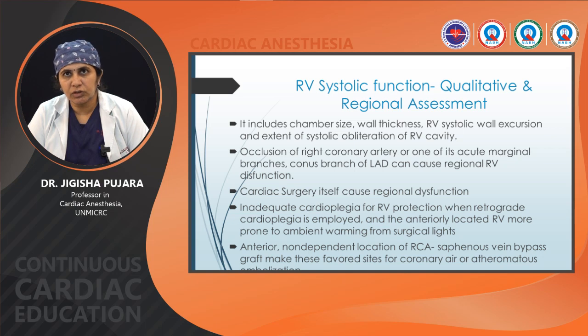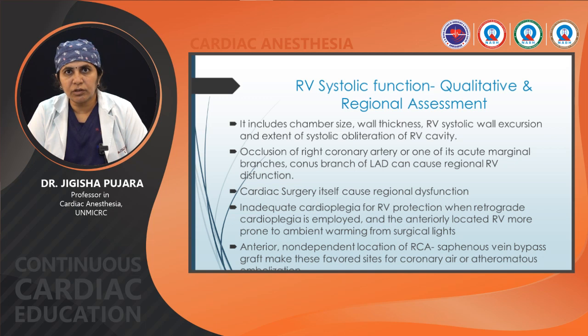RV systolic function, quantitative and regional assessment. It includes chamber size, wall thickness, RV systolic wall excursion and the extent of systolic obliteration of the RV cavity. Occlusion of the right coronary artery or one of its acute marginal branches, or the conus branch of the LAD, can cause regional RV dysfunction.